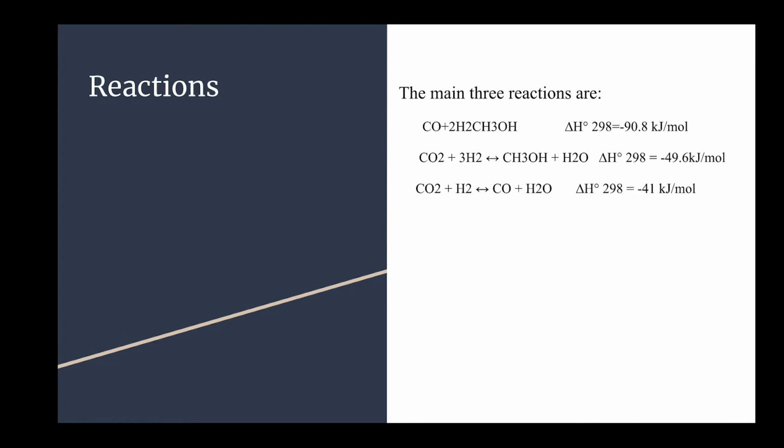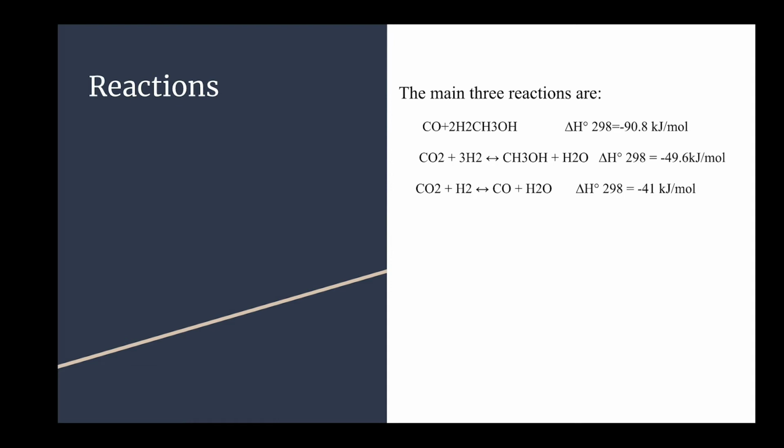There are 3 main reactions for the formation of methanol from the synthesis gas: hydrogenation of carbon monoxide, hydrogenation of carbon dioxide, and the reverse water gas shift reaction. The reactions proceed as follows. First, carbon monoxide plus 2H2 gives CH3OH, with a delta H of minus 19.8 kJ per mole.